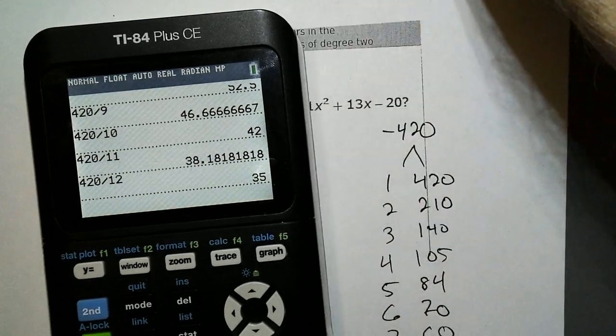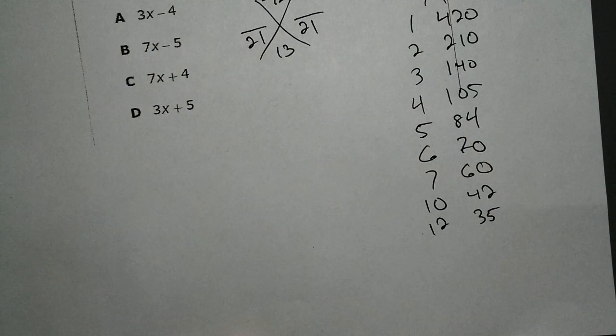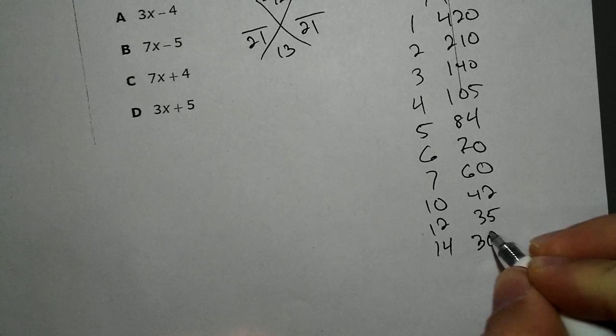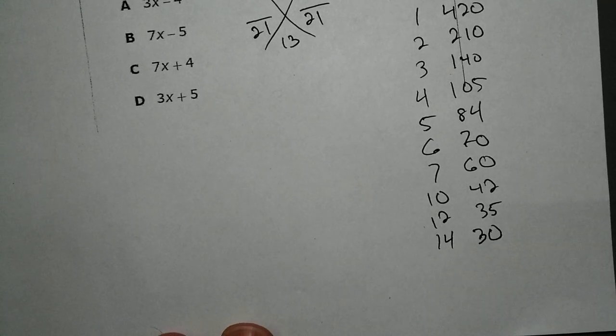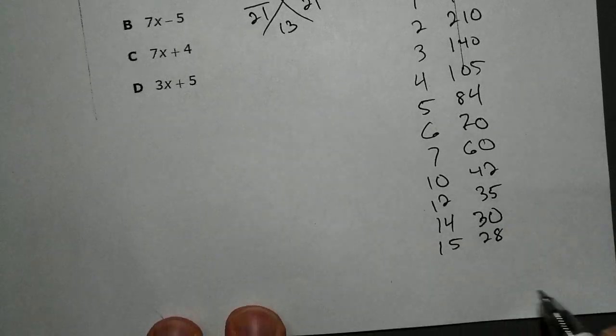We're almost done. Let's see, 420 divided by 13. Nope. 420 divided by 14. 30 times. Let's try 15. You can see these numbers getting smaller. We're getting closer to our answer. 28 times.